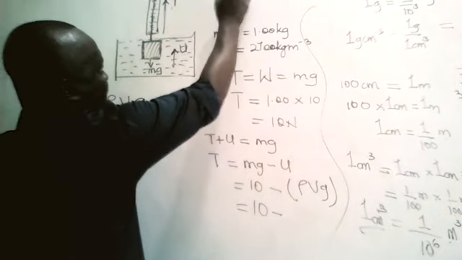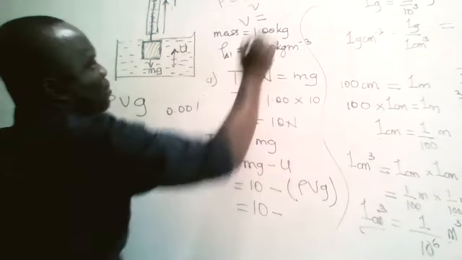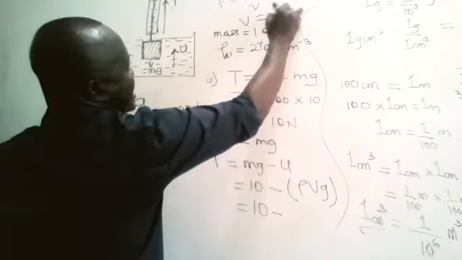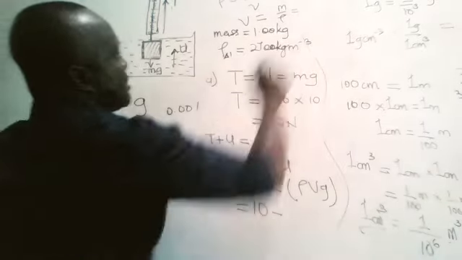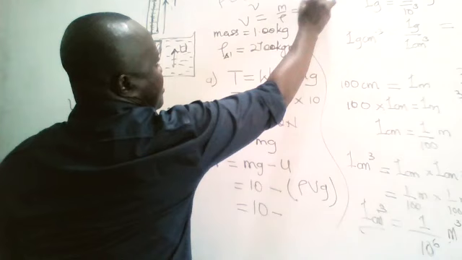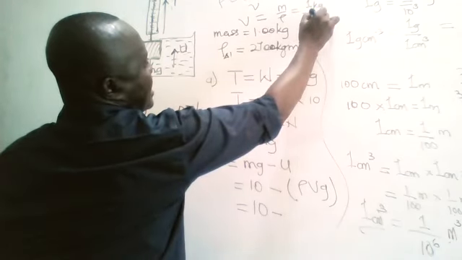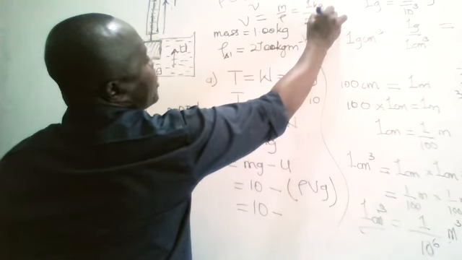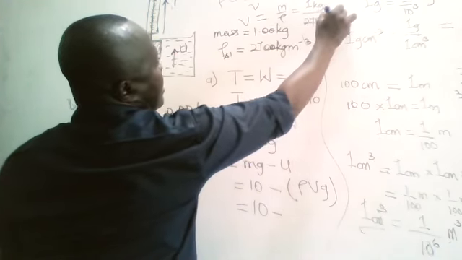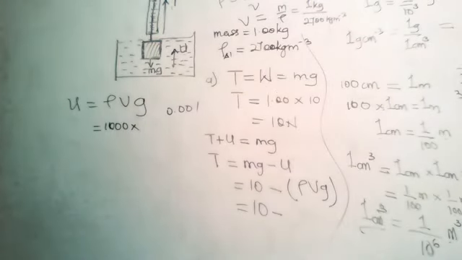So using density is mass over volume, you can easily find the volume, which will be mass over density. So the volume becomes 1 kilogram divided by 2,700 kilogram per cubic meter. And what is 1 divided by 2,700?